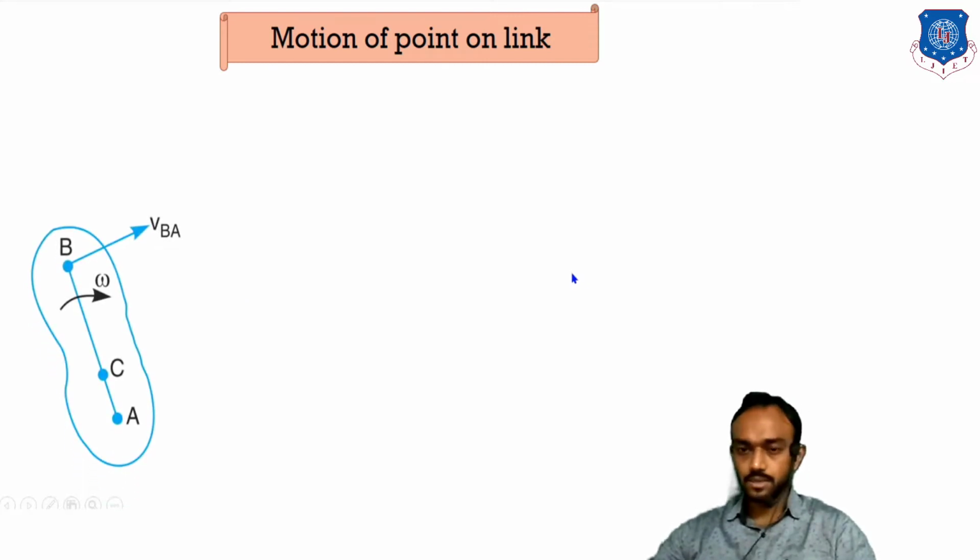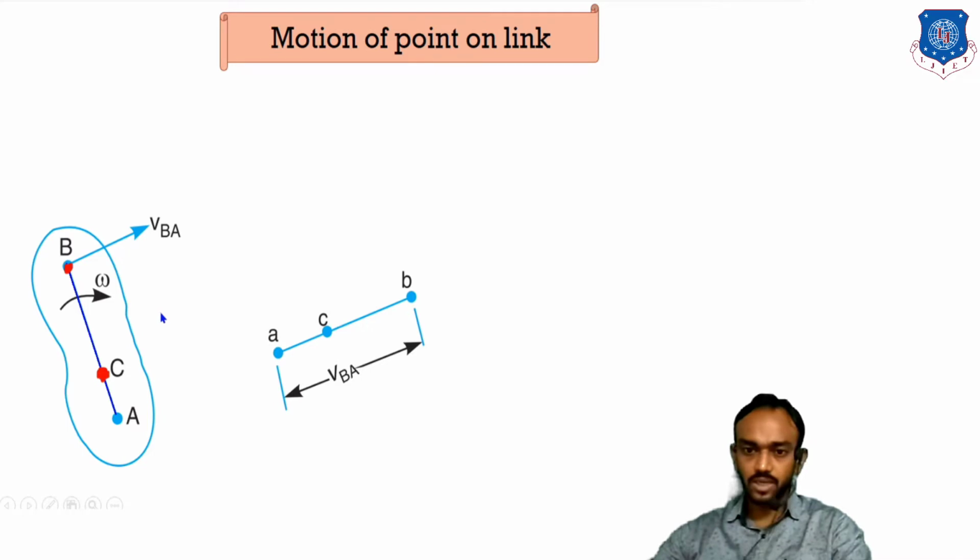For the last and fourth rule, for the relative velocity method, let's check this. There is a link AB, and on that there is a point C. How can I find the velocity of this point C? If you know the velocity of B, you will draw the velocity diagram.